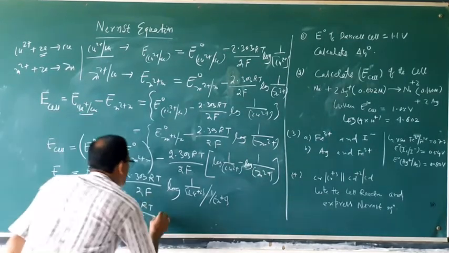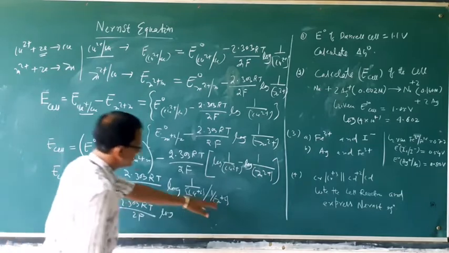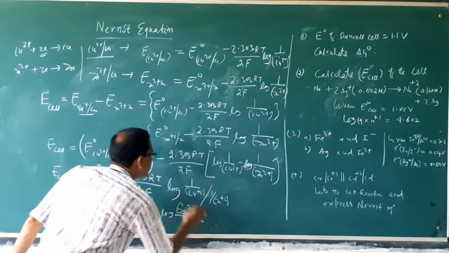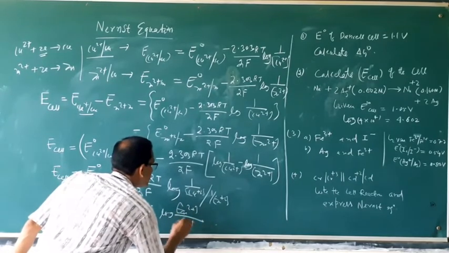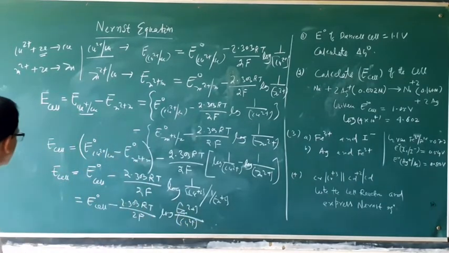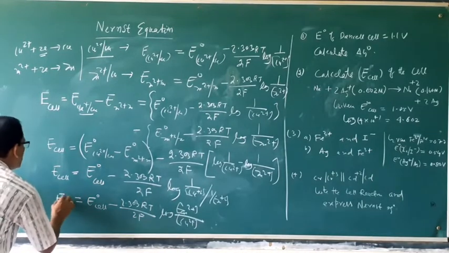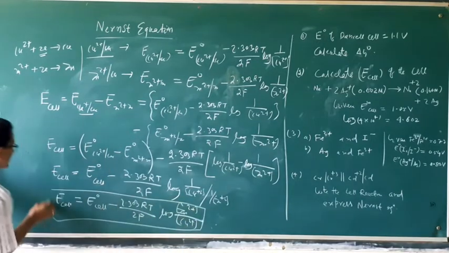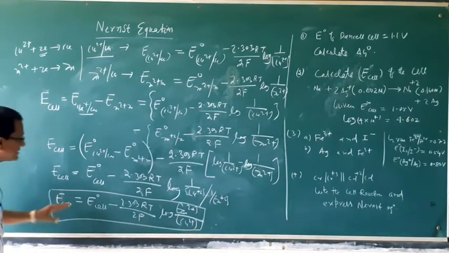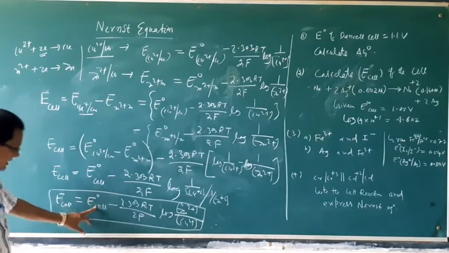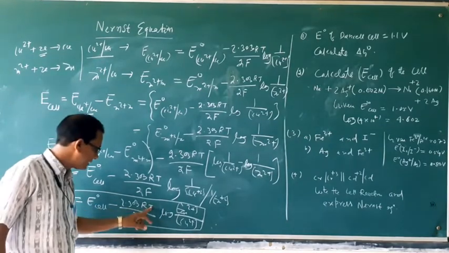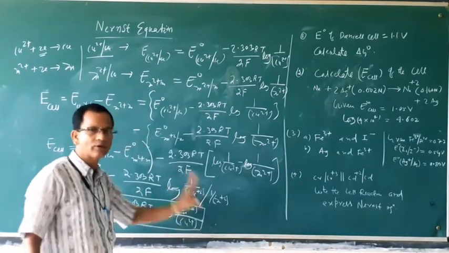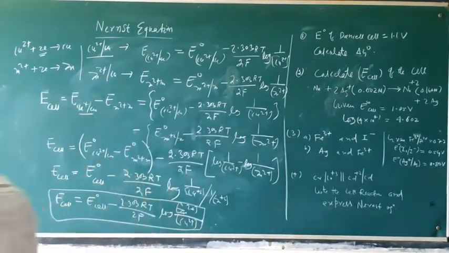Then if you arrange it, it will be log of Zn2 plus concentration upon copper concentration in the numerator and denominator. So this is the final expression of E cell, that is the cell potential of the Daniell cell, having standard cell potential, temperature, and different concentrations of zinc ion and copper ion.